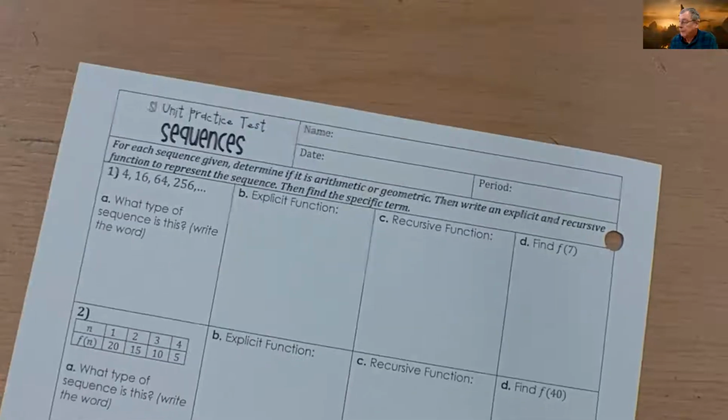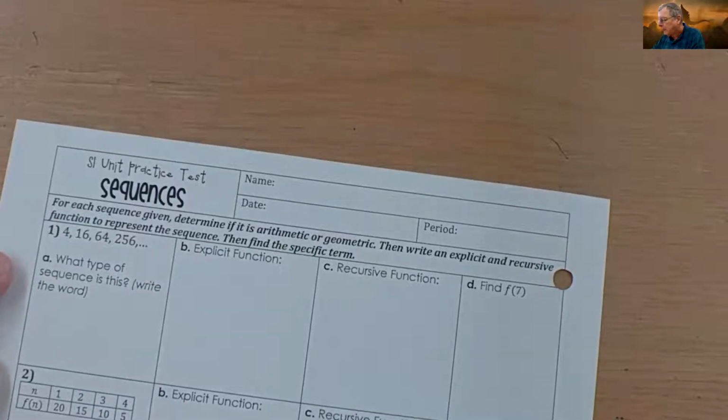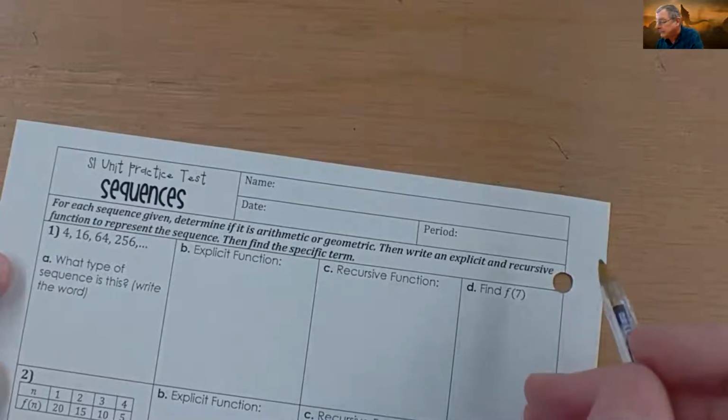All right, so you should have your unit practice test for sequences. I just pull this out of the binder. For each sequence given, determine if it is arithmetic or geometric.